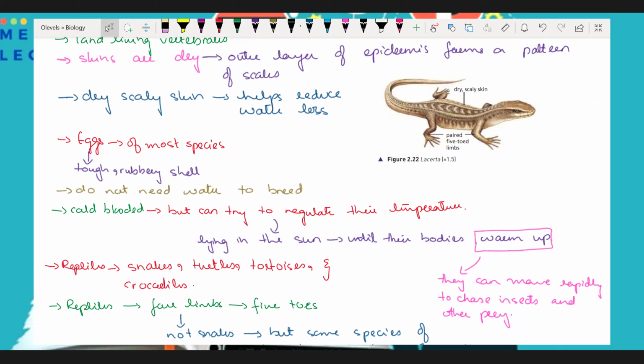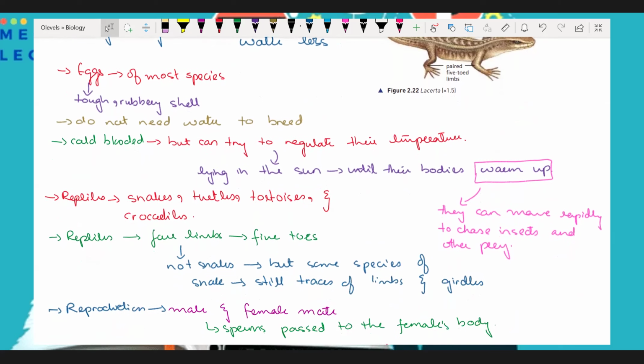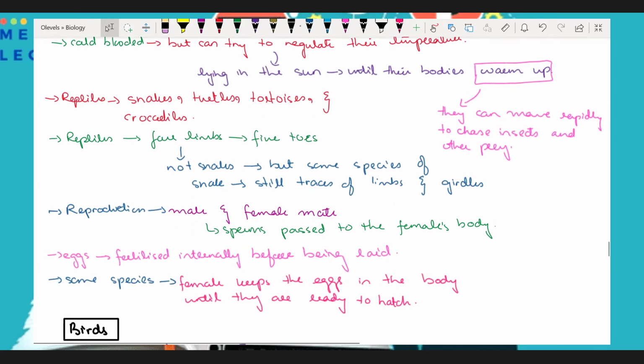If you're talking about their reproduction, a male and female reptile have to mate, right? And after mating, the sperm from the male body is released into the female body, and their eggs are fertilized inside the female body. When the sperm reaches the egg, it fertilizes it there, and after that they are going to lay that egg, right?